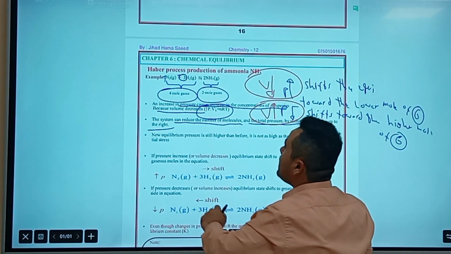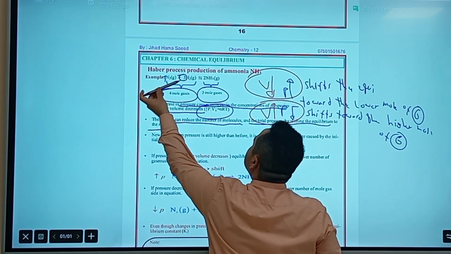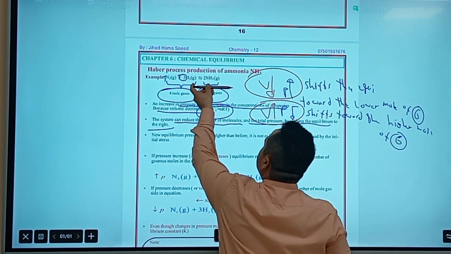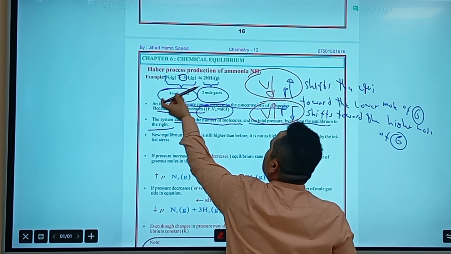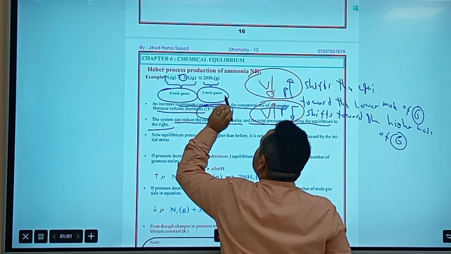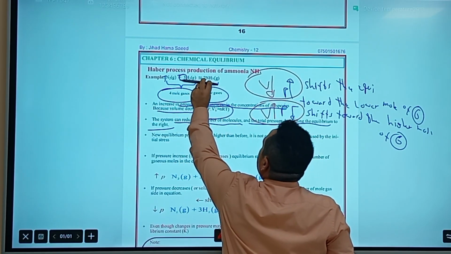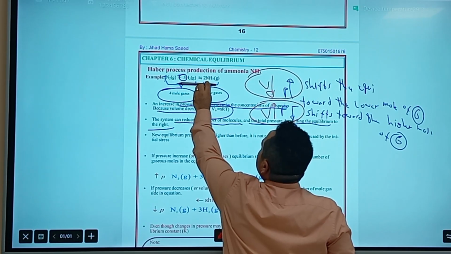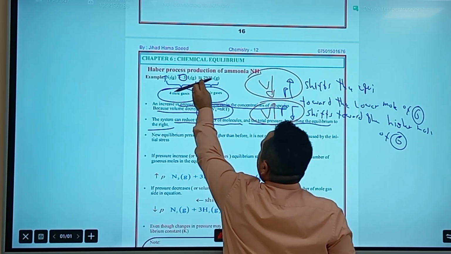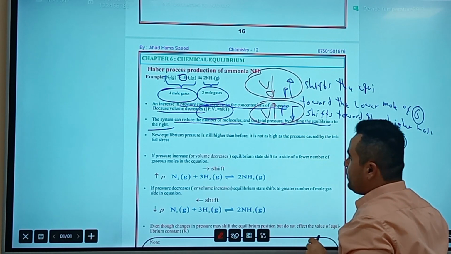So in the above example, increasing pressure favors the forward direction because it is toward the lower mole. Reducing pressure shifts the direction toward the reactant, which is toward the higher amount of moles.